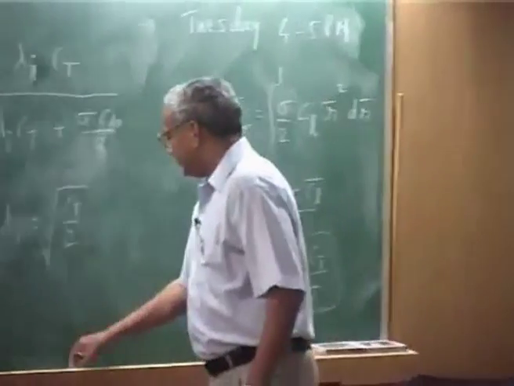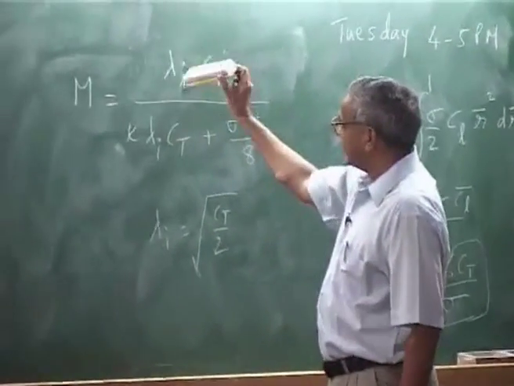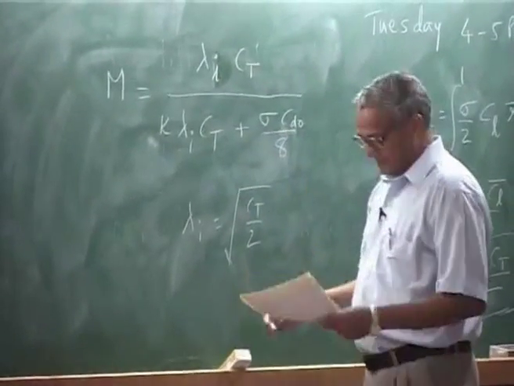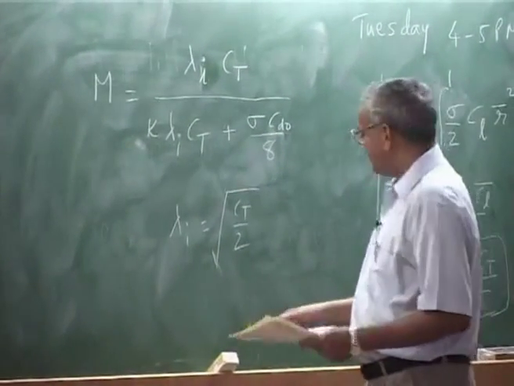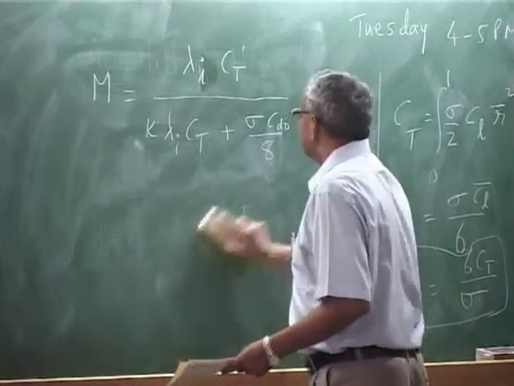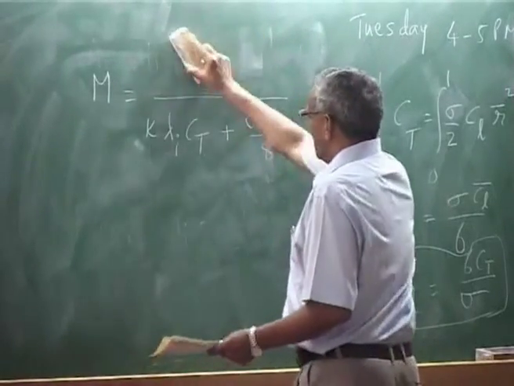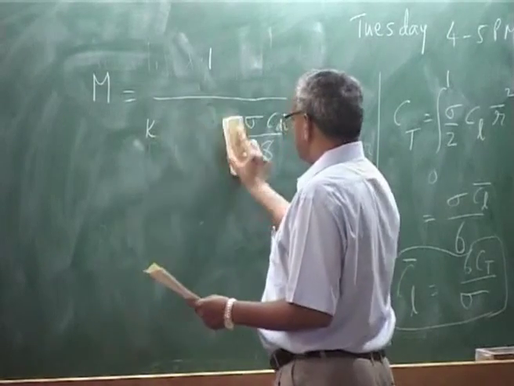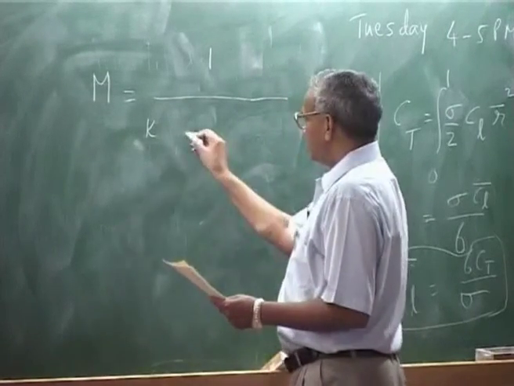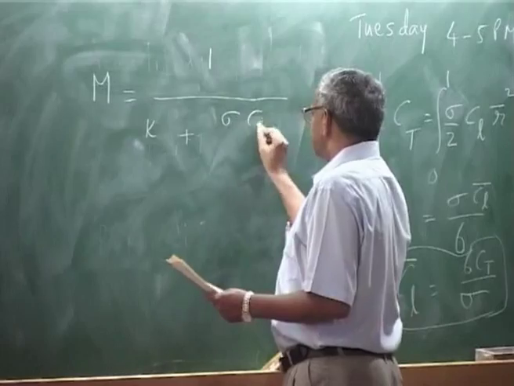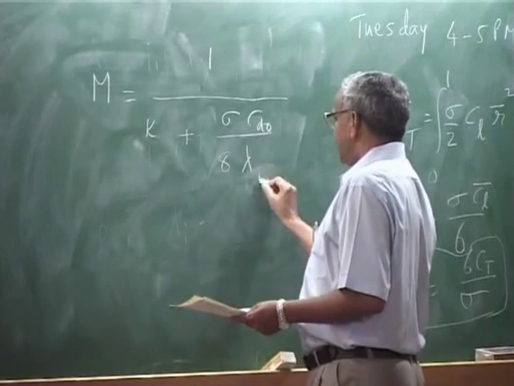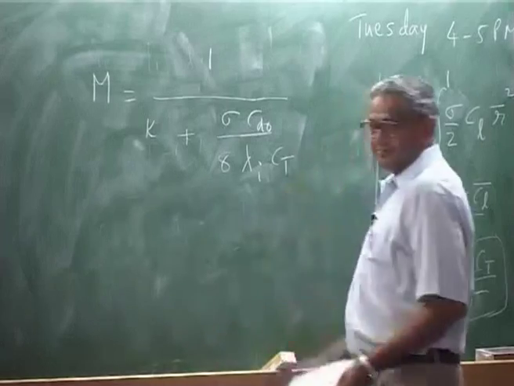Now, if you take out that lambda i Ct, divide everywhere, your expression will become, let me write it, this is 1 over K plus sigma CD naught over 8 lambda i Ct.